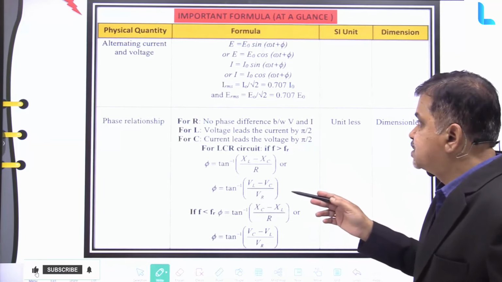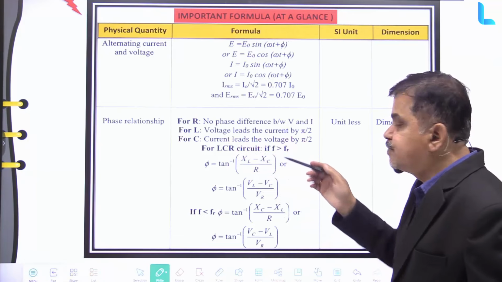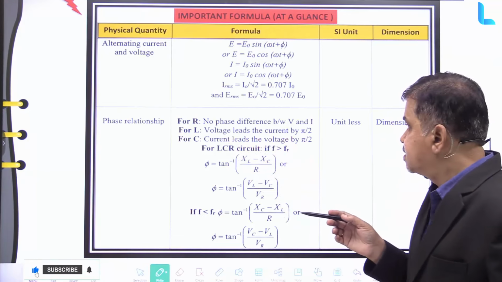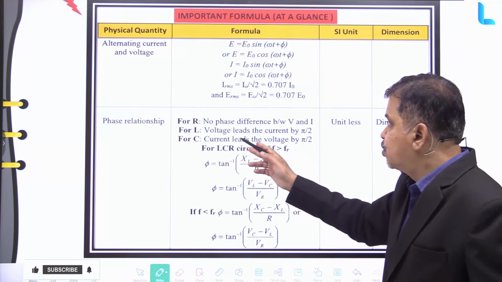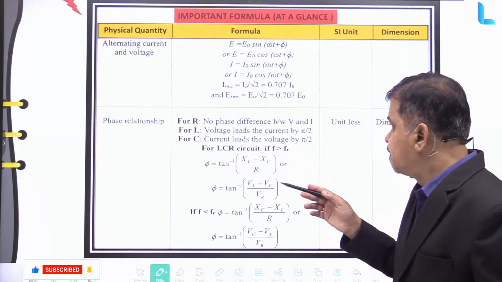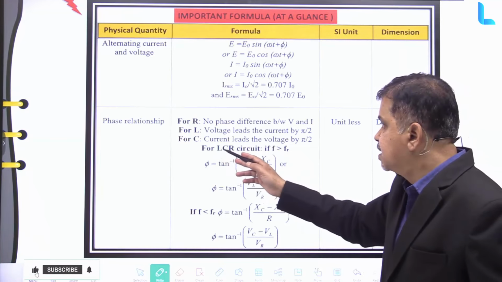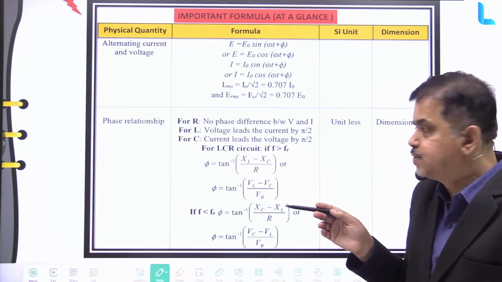And the phase relationship for R is no phase difference between the voltage and current. For L, the voltage leads the current by a phase difference of pi by 2, and for C, the current leads the voltage by a phase difference of pi by 2.